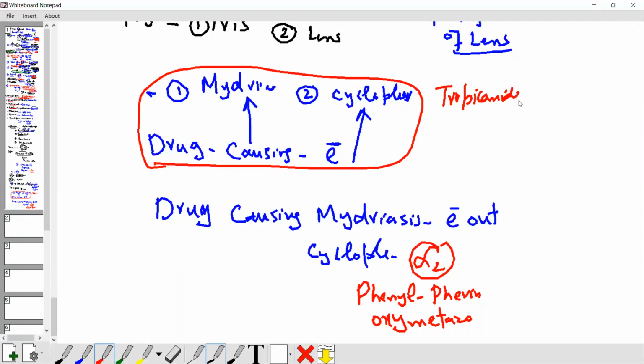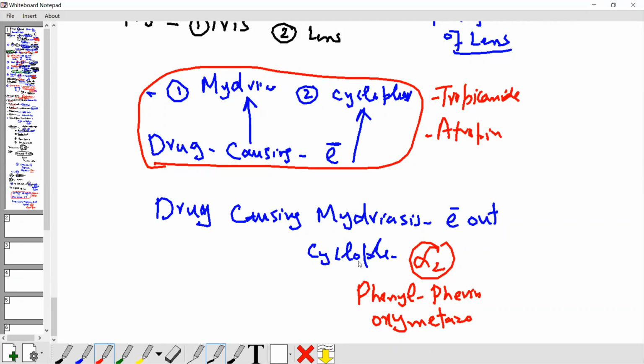Tropicamide. Next one, atropine. Clear? Cholinergic antagonists cause mydriasis and cycloplegia at the same time.